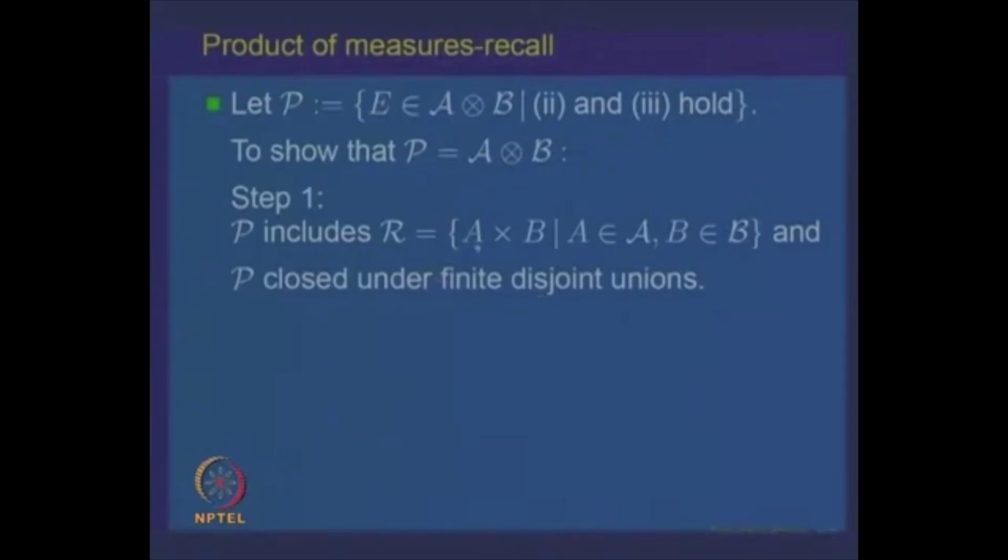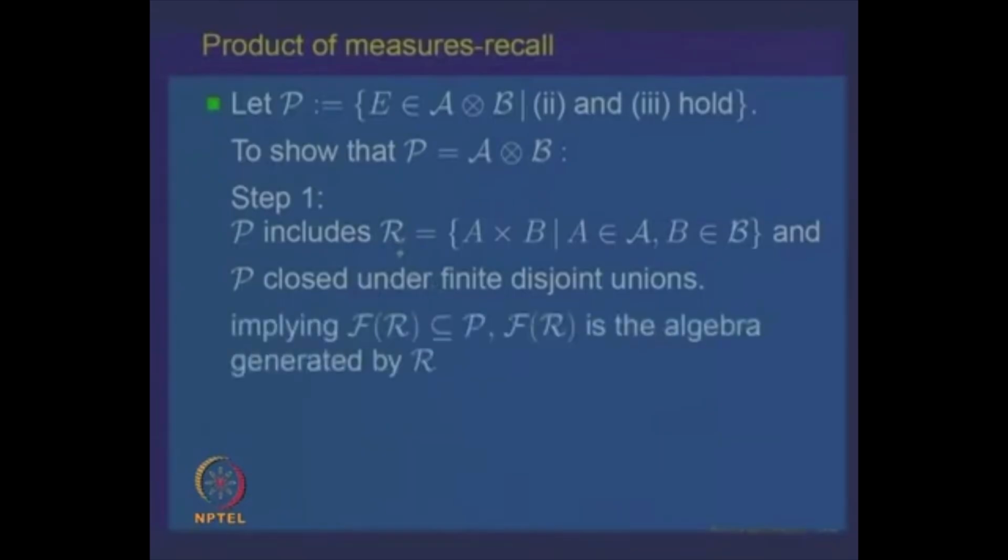The rectangles form a semi algebra, so the algebra generated by it is the class of sets which are finite disjoint unions of rectangles, and P being closed under such operations, we get as a consequence that the algebra F_r generated by these rectangles is also inside P. So, as a consequence of step 1, the algebra generated by the rectangles is inside the class P.